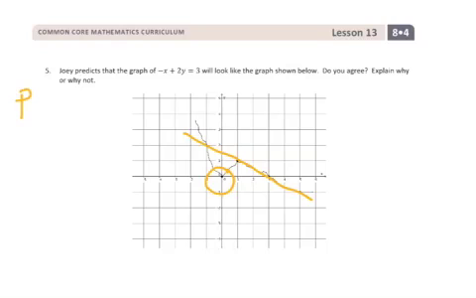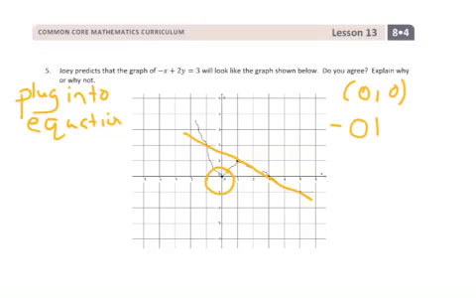So I'm going to plug a value into the equation and see if it works. So the ordered pair of what I circled is 0, 0. So if I plug that into my equation, negative 0 plus 2 times 0 is equal to 3. Let's see if this works.